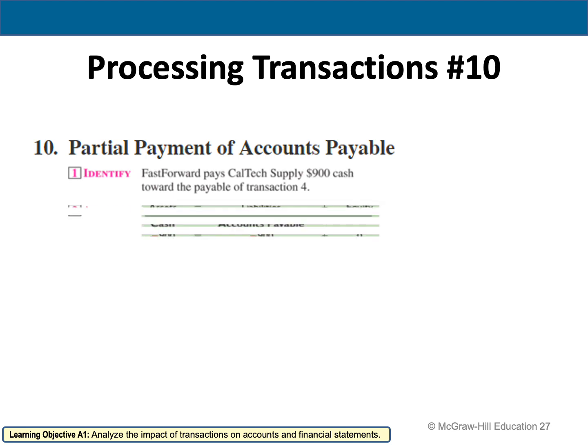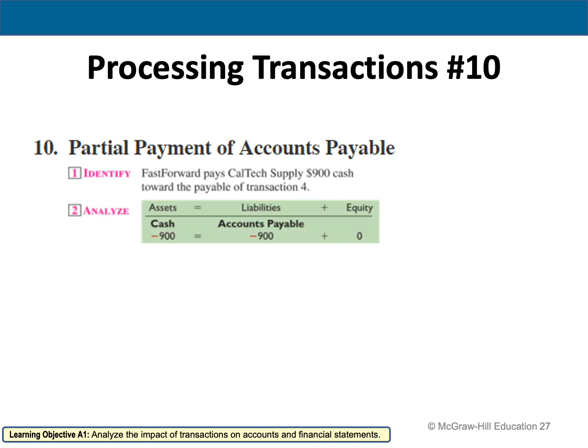So now if we analyze it, we see that the cash is going to decrease because the company is going to pay. So their cash is decreasing, and if the cash is decreasing, it will decrease on the credit side. Now, the accounts payable is also going to decrease. Why? Because now the company is going to pay their liability, so we need to reduce, we need to close our liability.